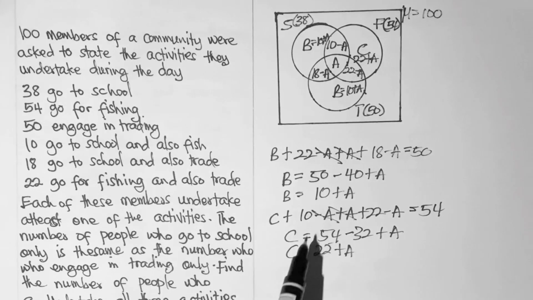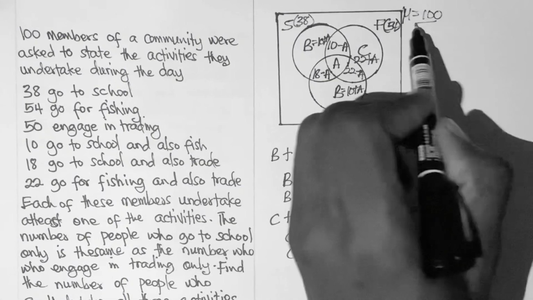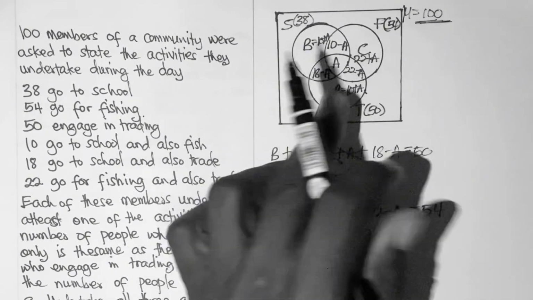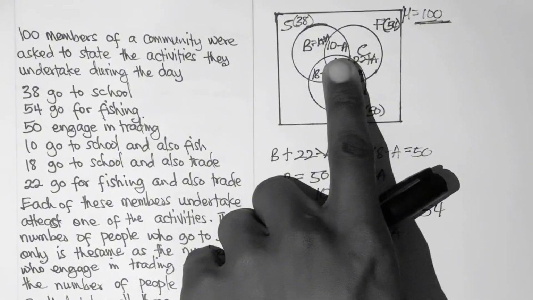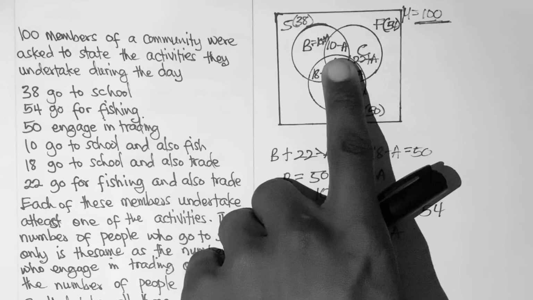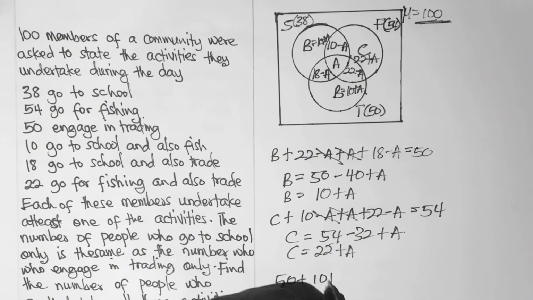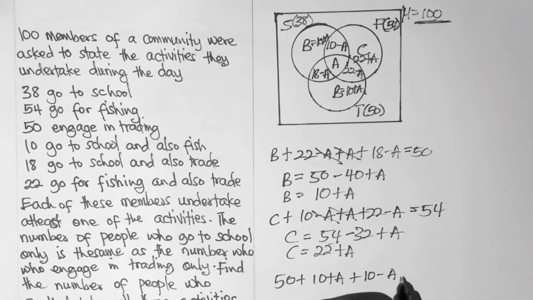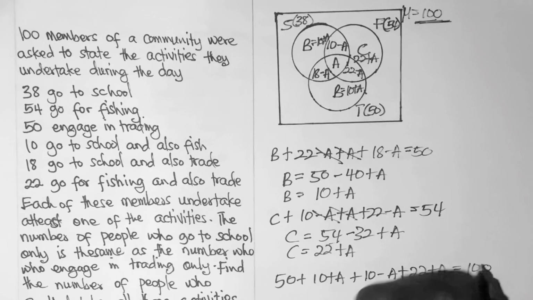So now we can find A. If we sum everything in the boxes, we are supposed to get the universal set 100. And therefore, now you can see that here is 50. So if I close this box, we are left with 10 plus A, 10 minus A, and then 22 plus A. So 50 plus 10 plus A plus 10 minus A, and then plus 22 plus A is equal to 100.